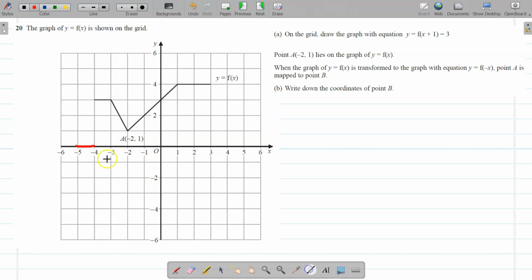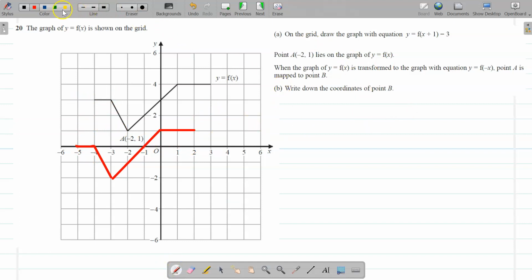Let's use the straight line function there. Then we go down to there, then we go up to this point here, and then we go to there. So I've taken that whole thing and moved it along 1 and down 3. That's the first part of the question.